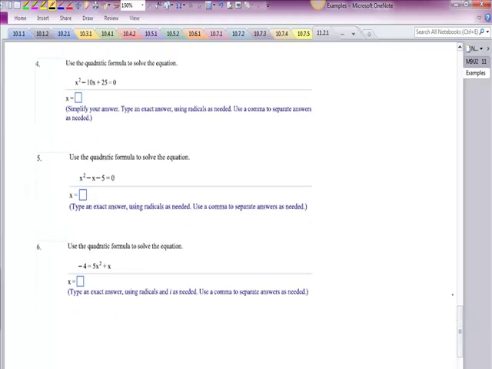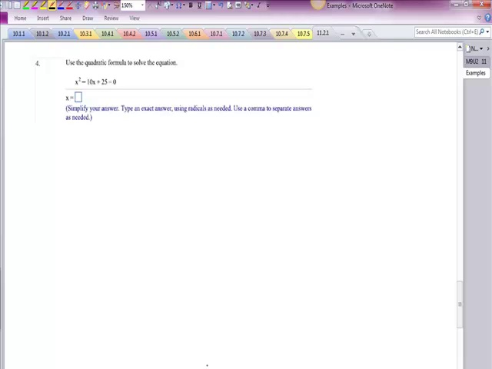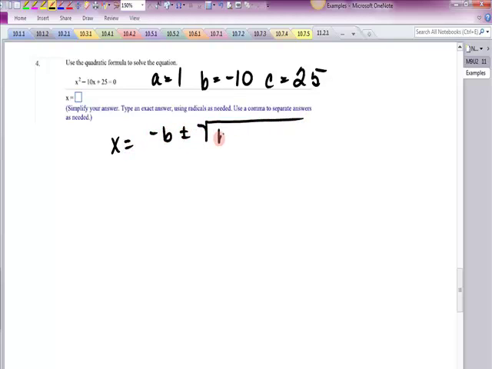We have a few more, trying to make sure that you see a lot of different scenarios. In this one, A is 1, B is -10, C is 25. So x is equal to -b plus or minus the square root of b squared minus 4ac all over 2a.